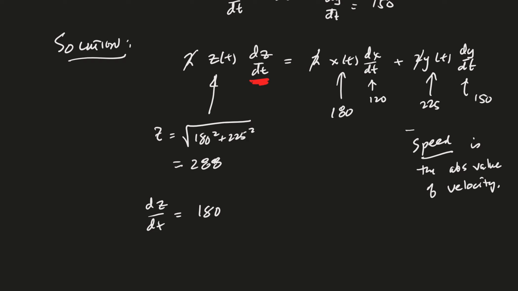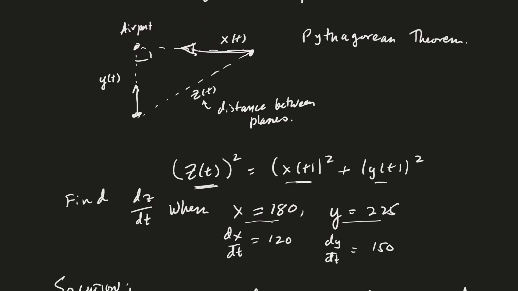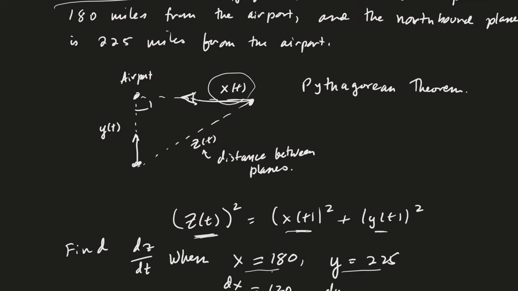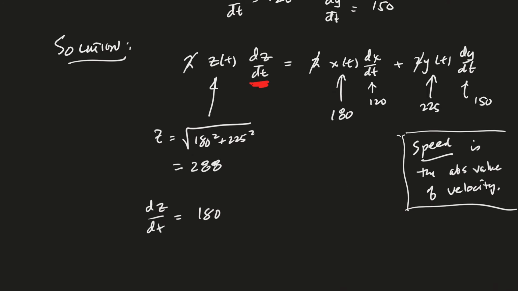So in this case, is our velocity positive or negative? You can tell because x of t is either increasing or decreasing. In our case, x of t is decreasing, and therefore the velocity is actually going to be minus 120. That's why I paused here, because this should be 180 times minus 120.